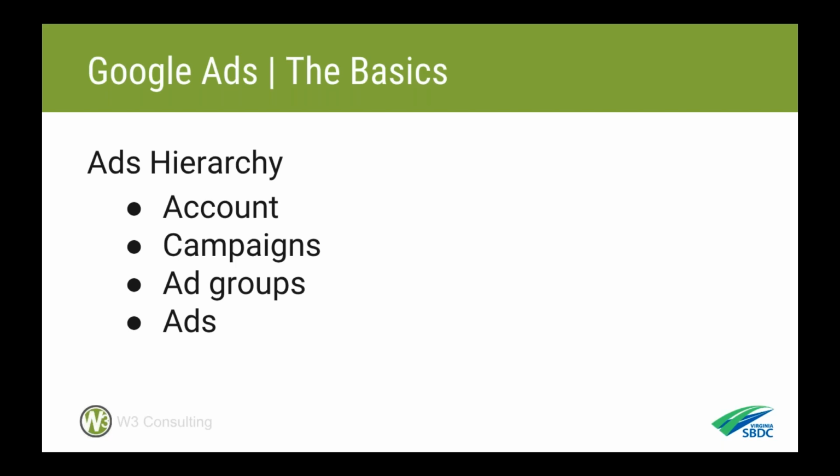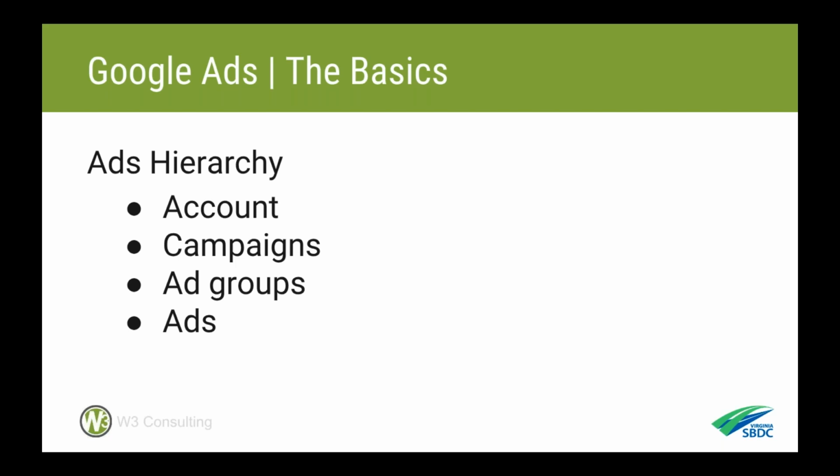Then you have ad groups. If you have 5 or 10, maybe 15 different groups of ads, you might have each of those ad groups inside a single campaign. Then you may have between 5 and 20, maybe 30 different ads within an ad group.